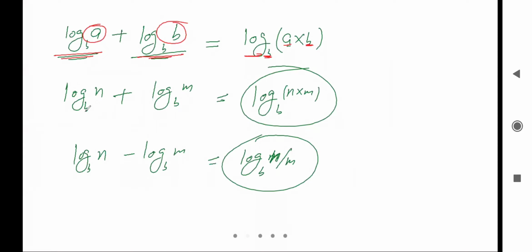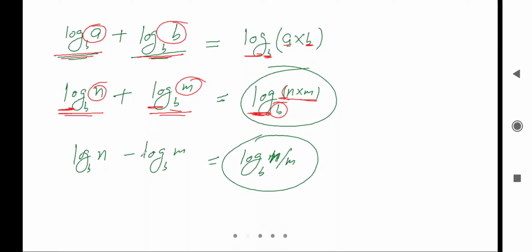Or we can say, if it is log of n base b plus log of m base b, in this case log is common in both. So multiply these two terms, so log of n cross m, and its base is b, they both are equal. This left hand side and right hand side, they are equal.